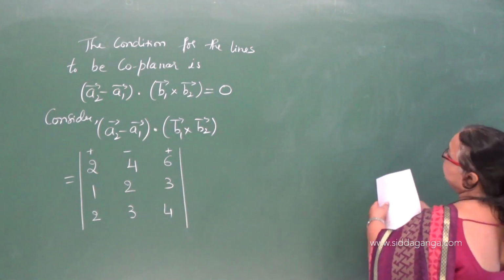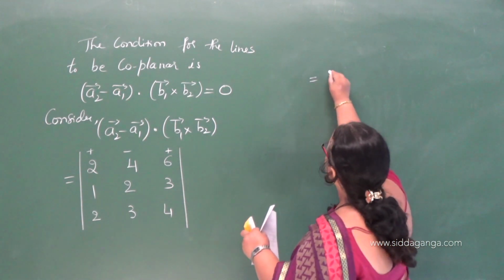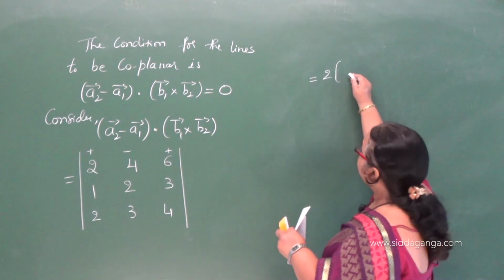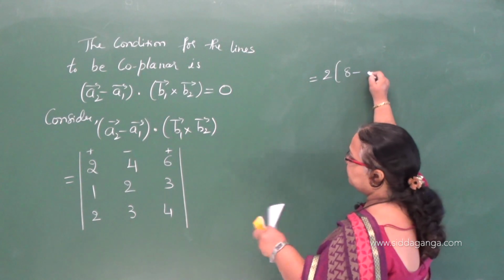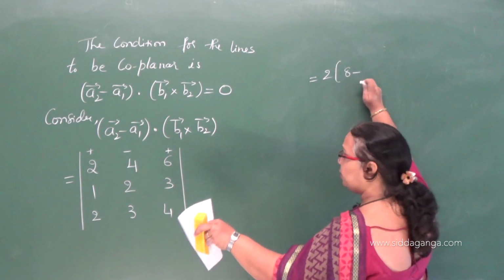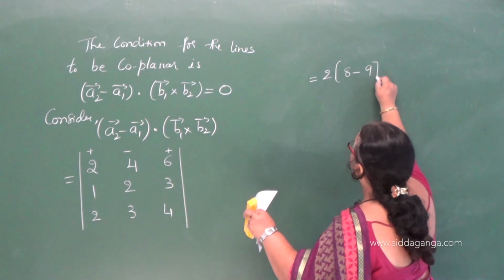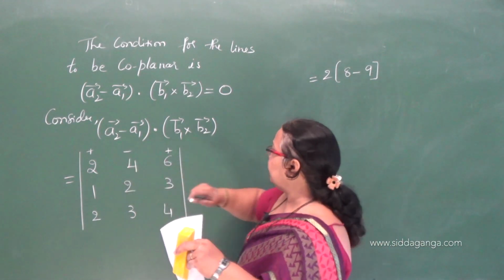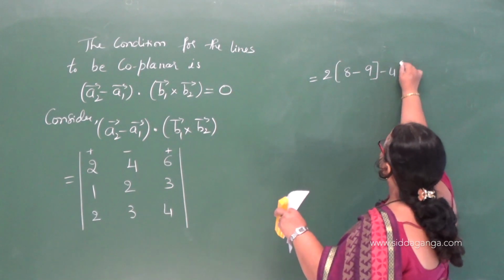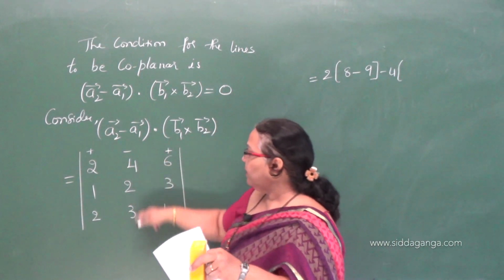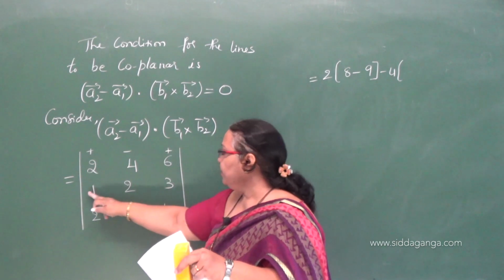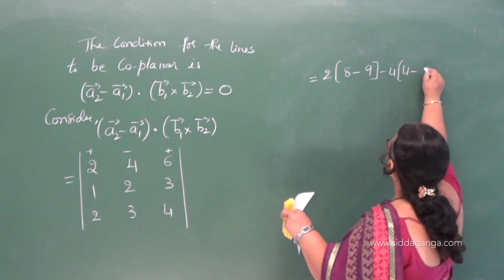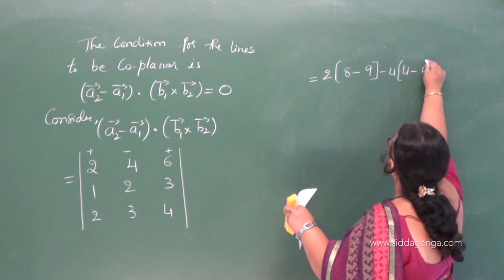We get 2 into, delete that row and column, 4 into 4 is 8 minus 3 into 3 is 9, plus into minus is minus 4, into, delete this column and row, 1 into 4 is 4 minus 2 into 3 is 6.